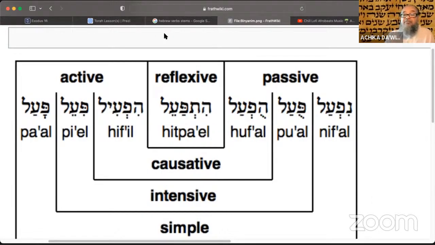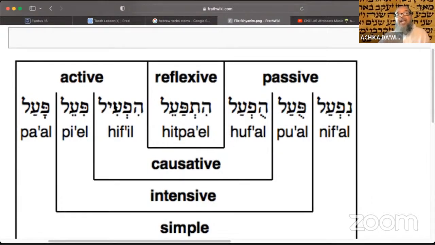This chart right here, don't let it confuse you. When I first looked at it, I was confused and I was afraid and I was scared because I didn't understand the language. And I didn't understand what these words mean, right? But I have found a way to help you understand it a lot better.